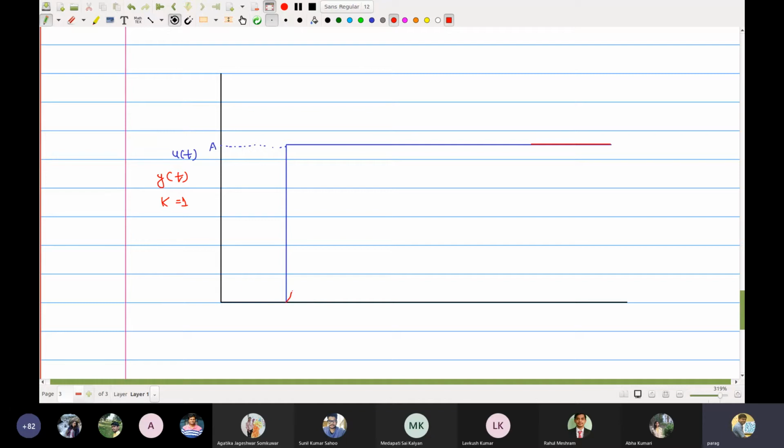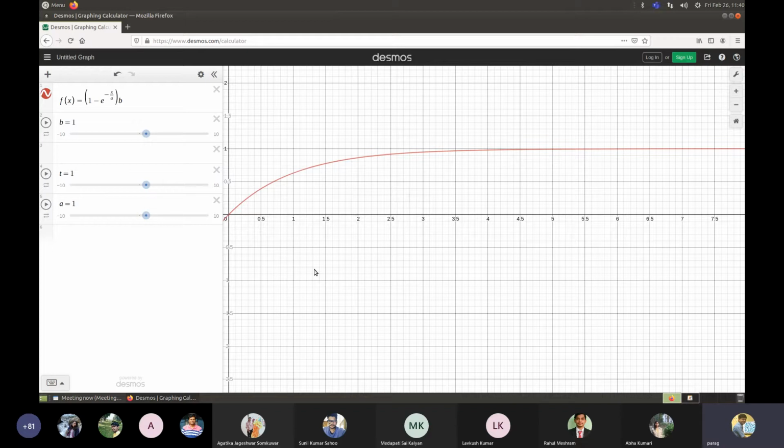I'm going to rise asymptotically like this. So this is time, right? And this is time t equal to 0. So this is how the response of a first order system to a step function is going to look like. And the only thing I'm going to emphasize here is the effect of A.